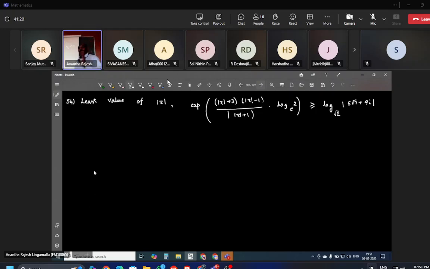That's it. So I want the complex number satisfying this inequality.